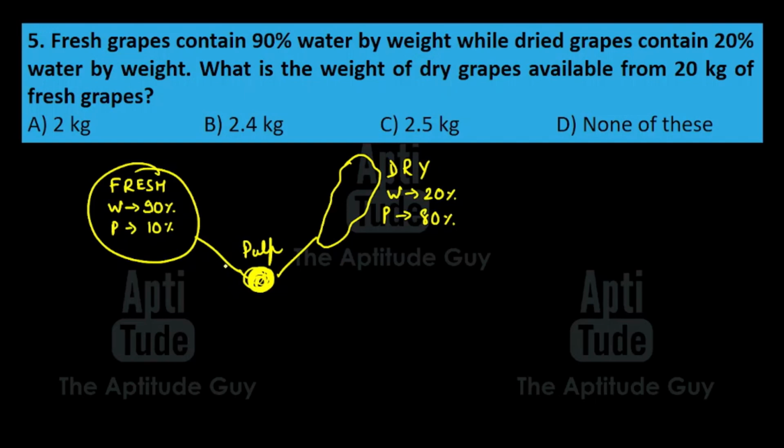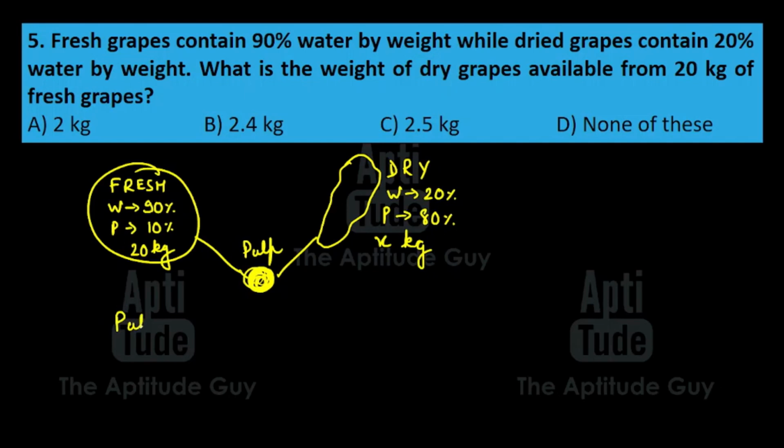So let's see what we have here. What is the weight of dry grapes available from 20 kg of fresh grapes? So when it comes to fresh grapes, we have 20 kg of it. And when it comes to dry grapes, let us have x kg of it. And we know that the pulp stays constant. So let's do it.